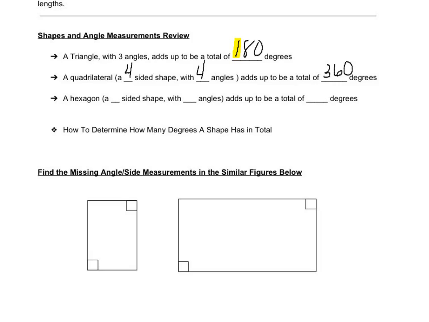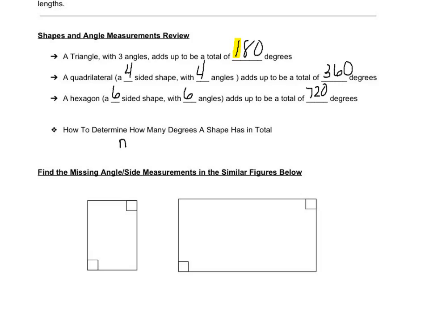A hexagon is a 6-sided shape with 6 angles and adds up to be a total of 720 degrees.